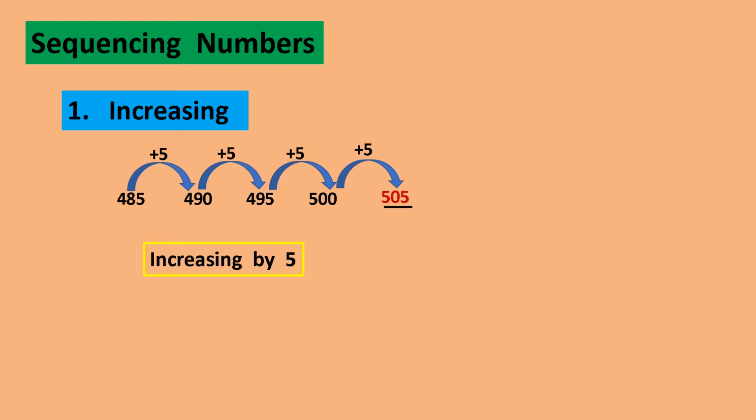What does this mean? เพิ่มขึ้น Okay, so remember when we say sequencing numbers, numbers follow a specific pattern, and the pattern may be increasing. In this example, the pattern or the sequence is increasing by 5.